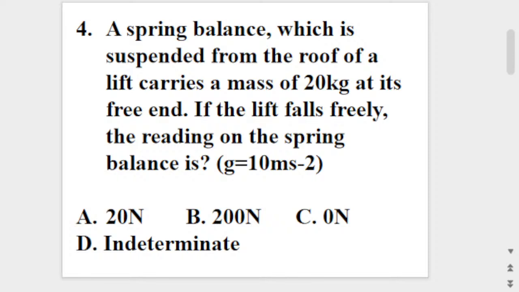And if you substitute that here, what do you have? That becomes m times (g minus a) is equal to T. If a is equal to g, it means I can substitute a for g here, because a is equal to g.